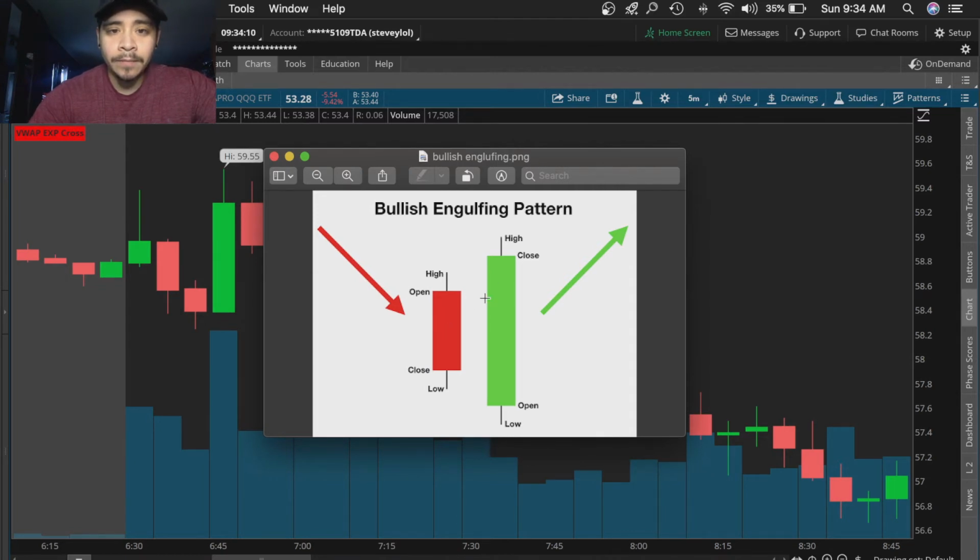Now, to remember the terms bullish and bearish: bullish is the term we use when you're thinking of going up, like price is going up, because bulls have those horns, so they're charging, going up, pushing forward.